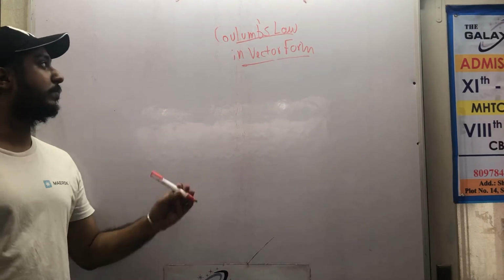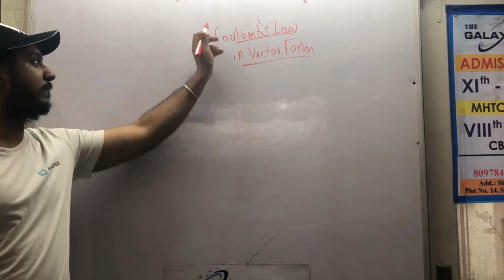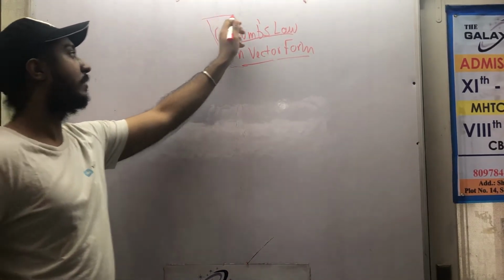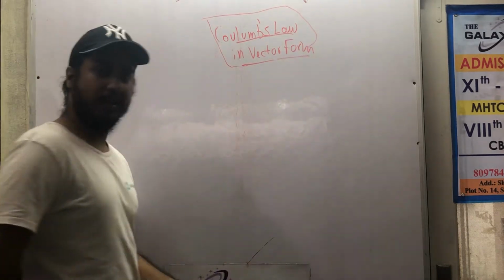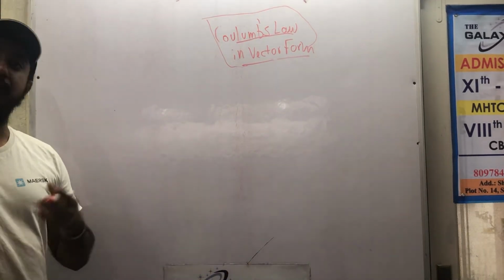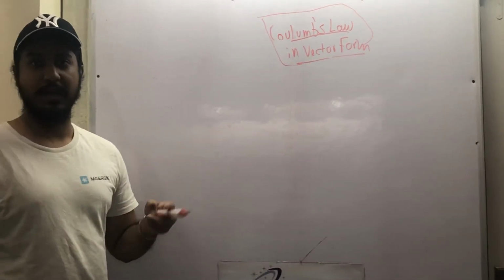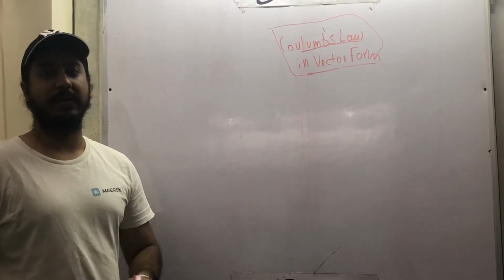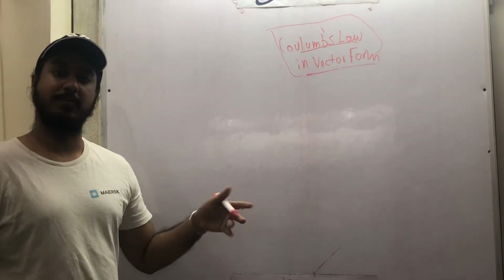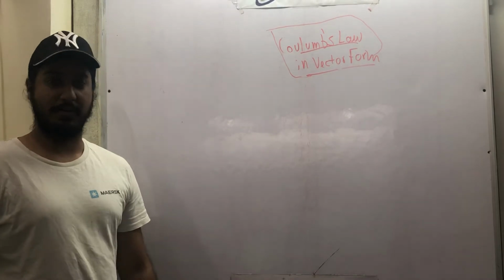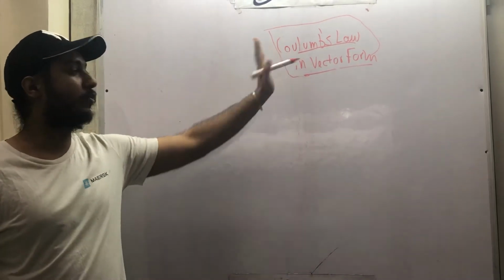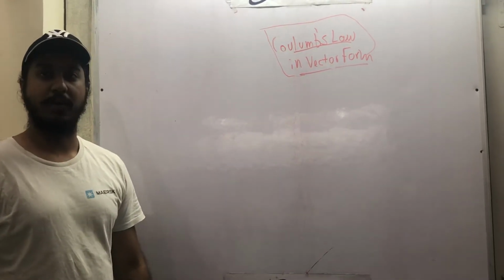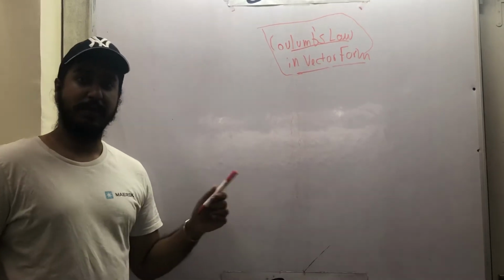So why are we using this vector form? This is basically to find the direction of the force. The magnitude can be found by q1 q2 upon r square, but to find the direction you have to use the vector form.